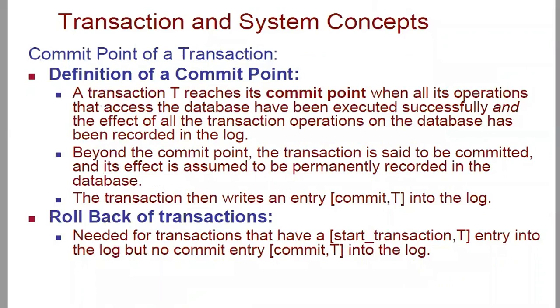And the final one is the commit point of a transaction. A transaction T reaches its commit point when all its operations that access the database have been executed successfully. If the transaction does its modifications and updates, reading and writing, and everything is completed, then when it reaches the commit point the transaction is said to be completed 100%.